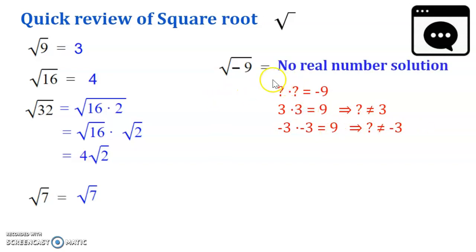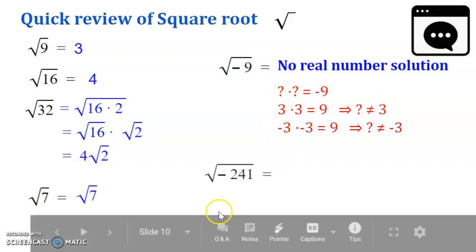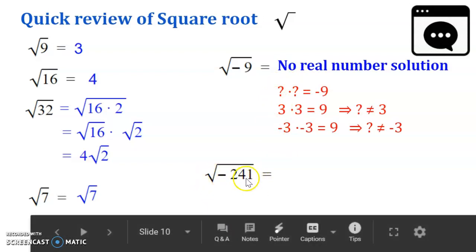So we know that there is no real number solution. You can't have a square root of a negative number. So for now we're going to say no real number solution. Later on we're going to learn about complex numbers.